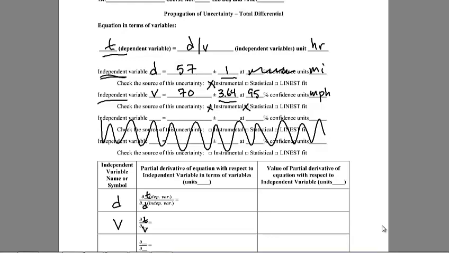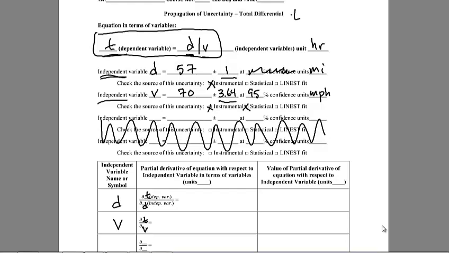So the first one that we're going to do is find the partial with respect to the distance. And the partial derivative is actually easier in a lot of ways than one might expect, because when we're trying to find the partial derivative of this time with respect to this distance, any other term that you see in there then acts like a constant.